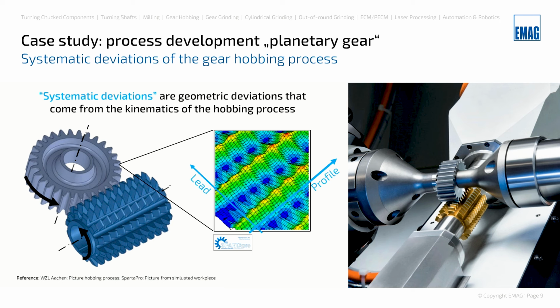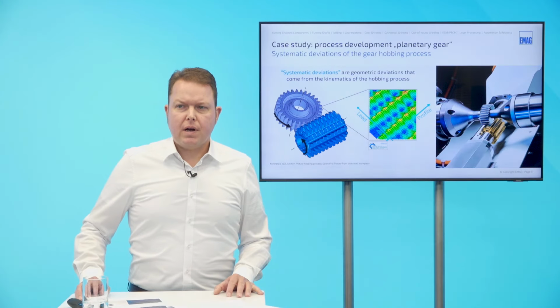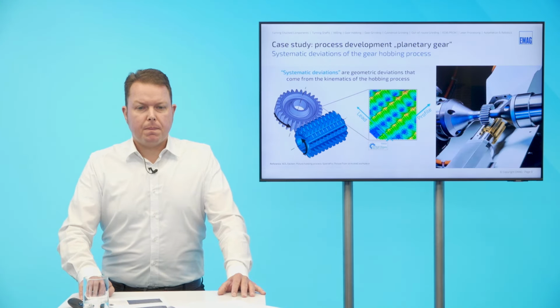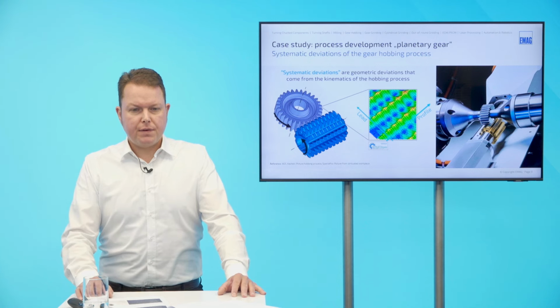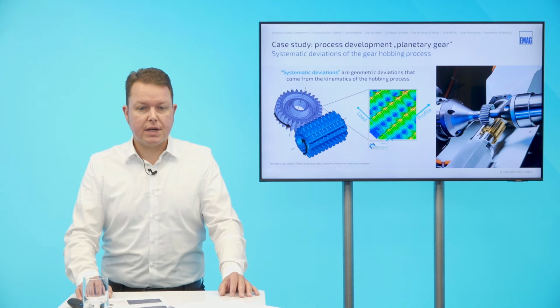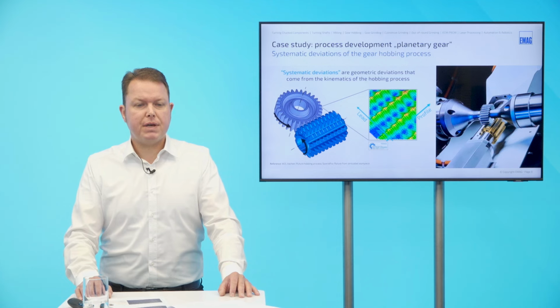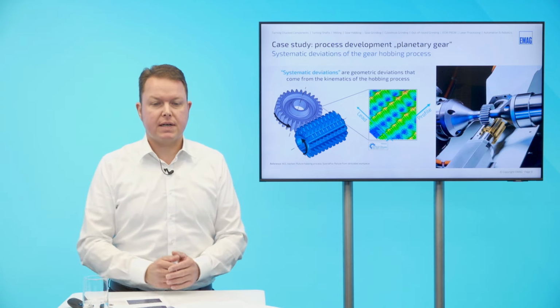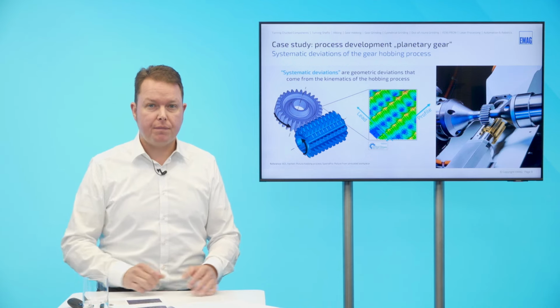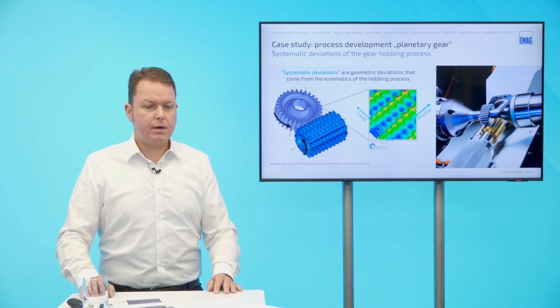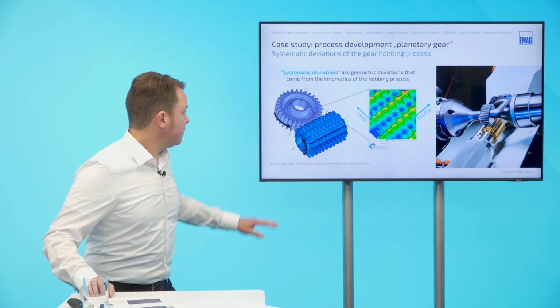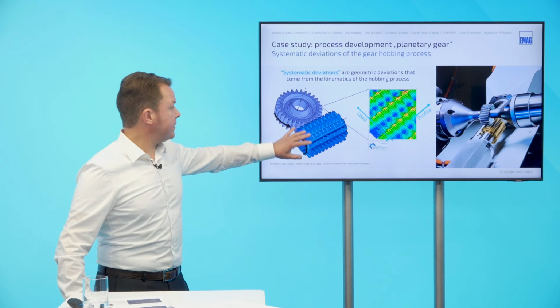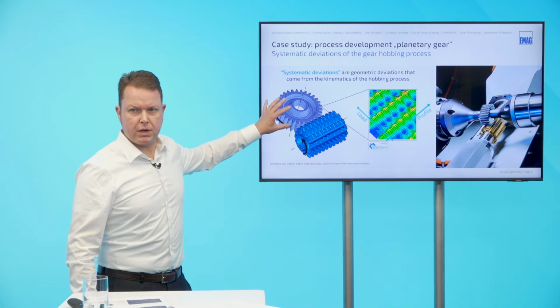So with regard to hobbing, we must consider that we have systematic deviations in this process. What do I mean with systematic deviations? It's the geometric deviations that come from the kinematics of the process. Here in the picture on the left side, we see a hob that engages with the workpiece to be hobbed.